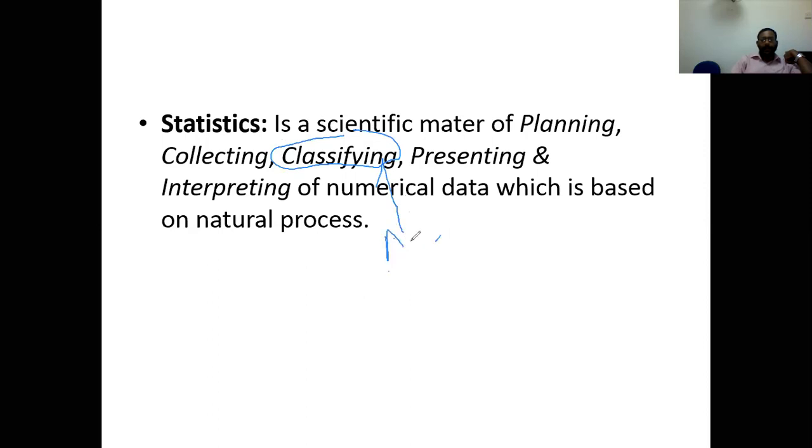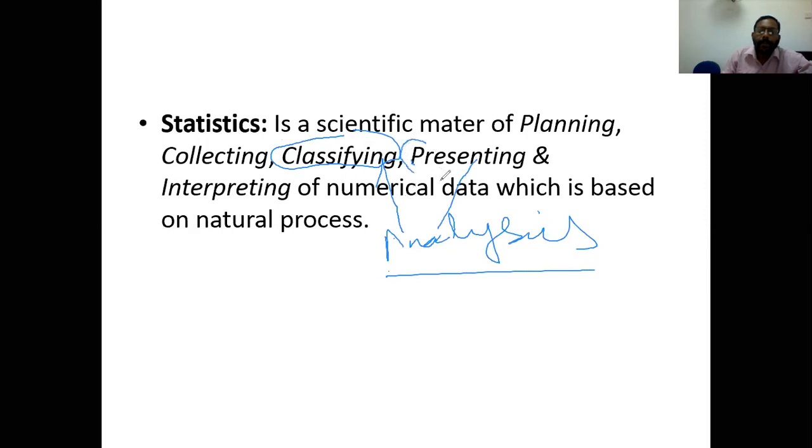Okay. So after classifying, we do the analysis, right? Once you do the analysis, we want to present the data.